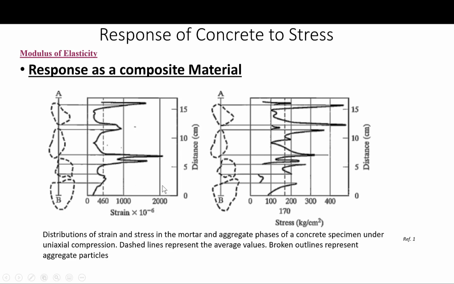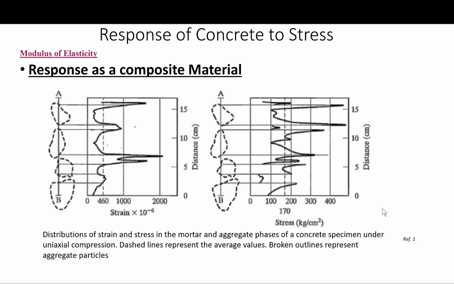Look at this value. This is the average right here, and this is some of the localized strains that were measured. Okay, and the localized stresses may be more than twice as high. This is the average, and this is some of the localized areas, between 170 to 340 or 200 to 400, okay?